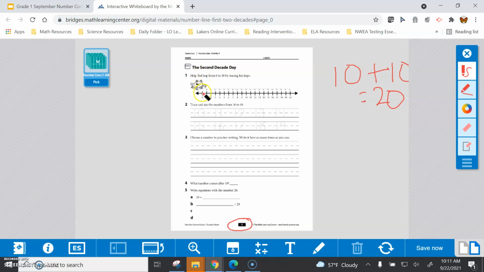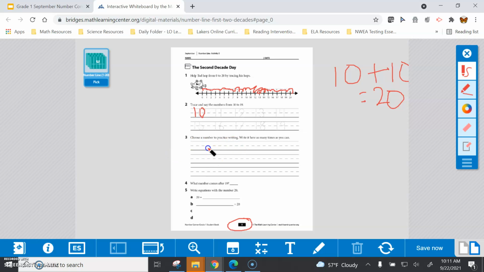I want your help in counting with our friend Tad on the number line as we count. 1, 2, 3, 4, 5, 6, 7, 8, 9, 10, 11, 12, 13, 14, 15, 16, 17, 18, 19, 20 for our decade day. You're then going to trace each one of the numbers that is right here in this area.